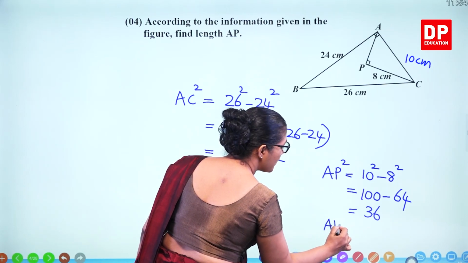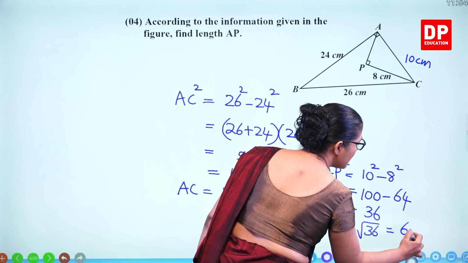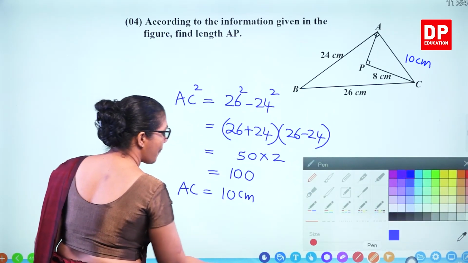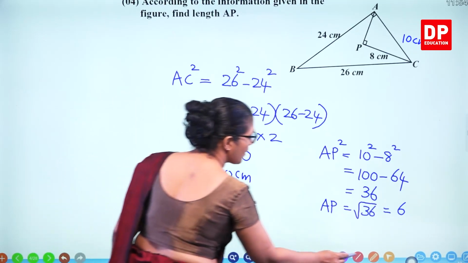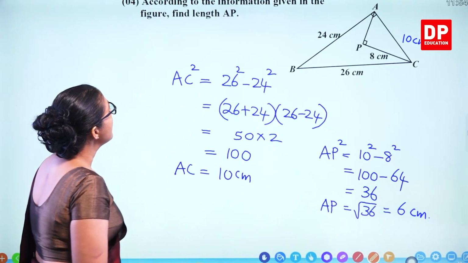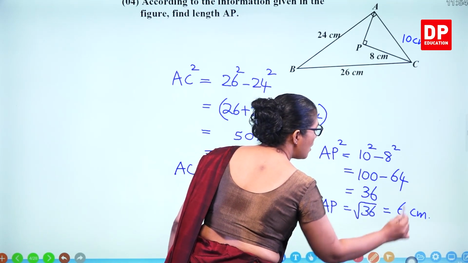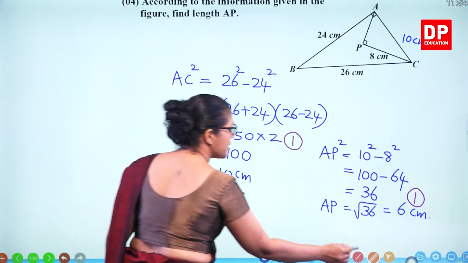Square root of 36 is 6. Don't take the negative value because this is a length. So AP is 6 centimeters. That's the answer for AP length. So 2 marks here: 1 mark for this and 1 mark for the method.